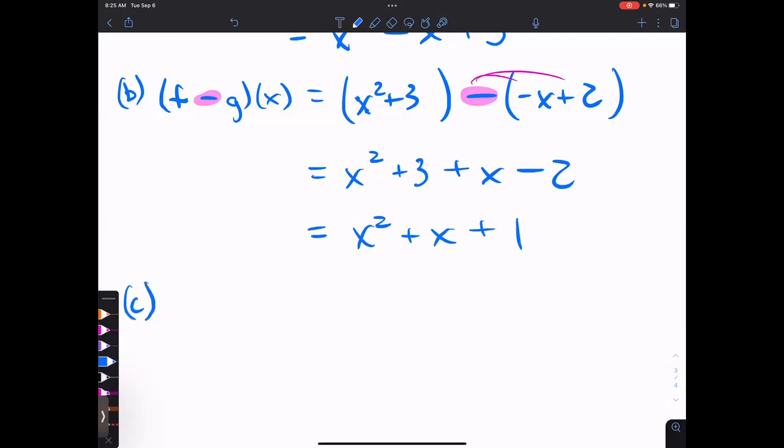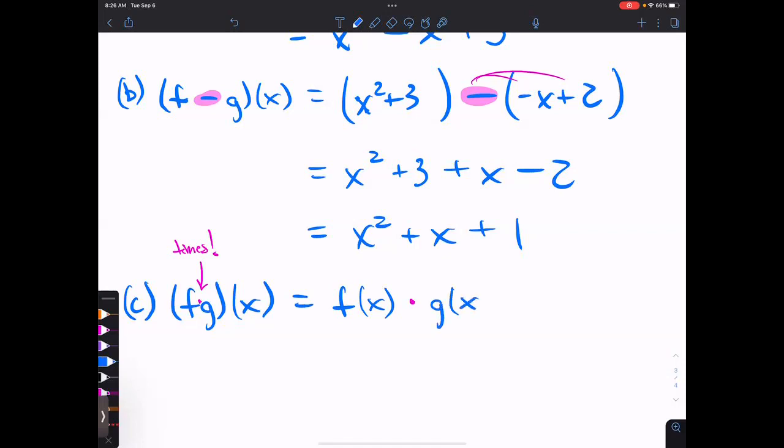Let's see, multiplication. F, G, or again, that's F times G, right? So this would be F times G. And then again, just like we've done with the other couple, what that really means is take whatever F is and whatever G is and combine them by multiplying.